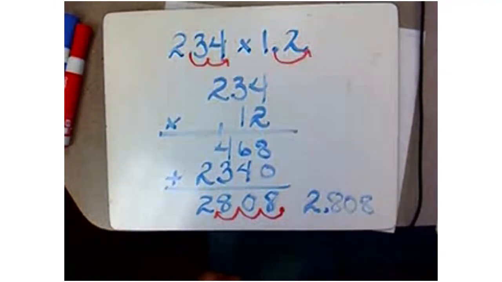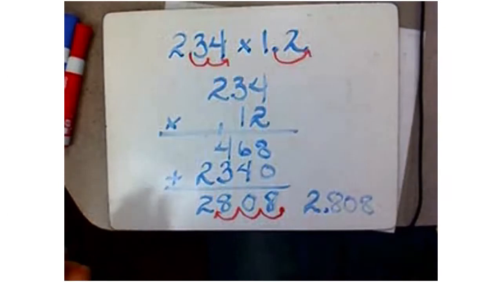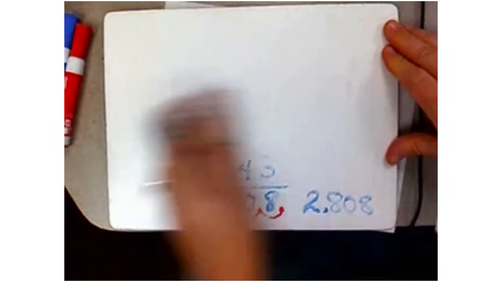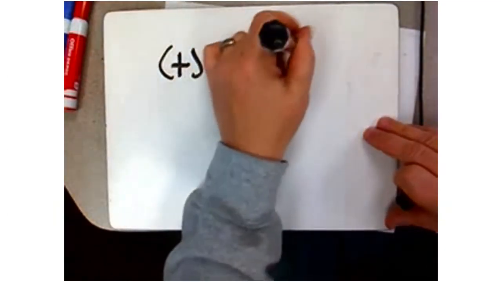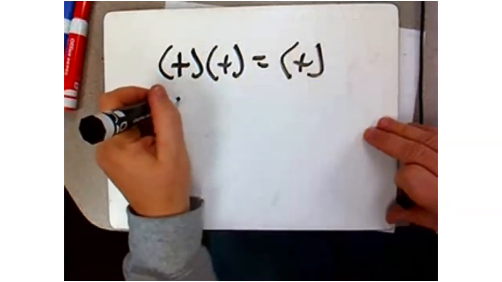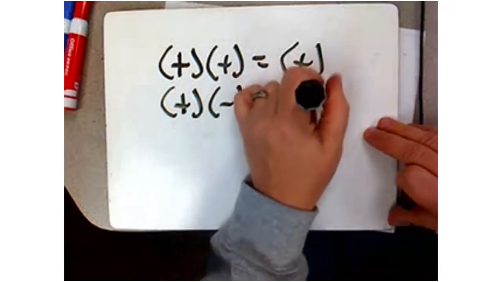The section on 373 discusses positive and negative numbers, and those rules don't change. As a quick review, if you have a positive times a positive, your product is going to be positive. If you have a positive times a negative, your product is going to be negative.